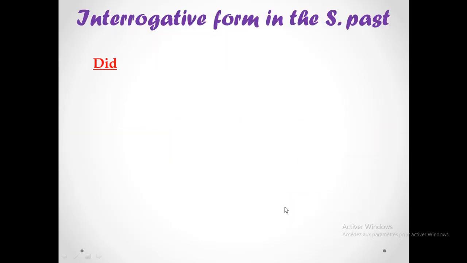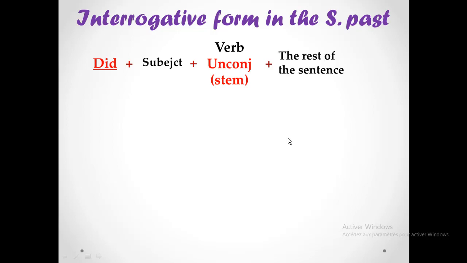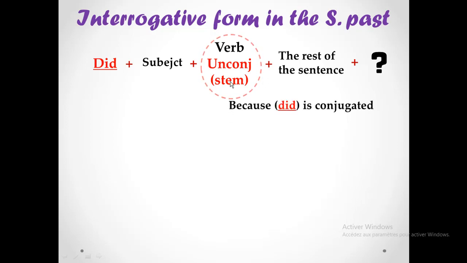Now, what is the rule? Did plus subject plus verb unconjugated plus the rest of the sentence plus question mark. Now, why do we have verb unconjugated? Because did is conjugated in the past. So when did takes the simple past form, the verb after is unconjugated.